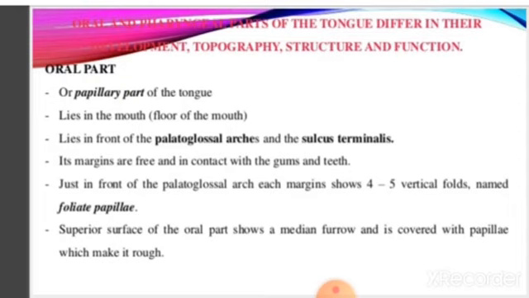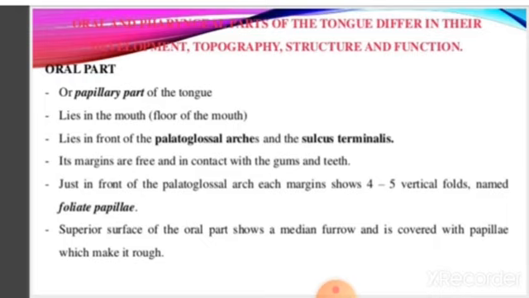The oral part, also called the papillary part, lies in the mouth, in the floor of the mouth, in front of the palatoglossal arches and the sulcus terminalis. Its margins are free and in contact with the gums and teeth.